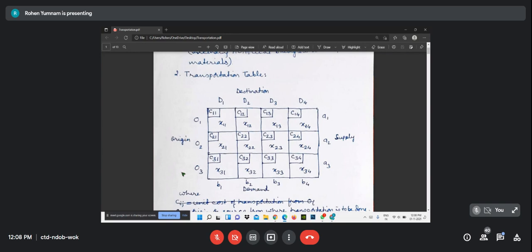This we will call the transportation table. Then C11, C12, C13 are written here. The X11, X12 are not in the problem.